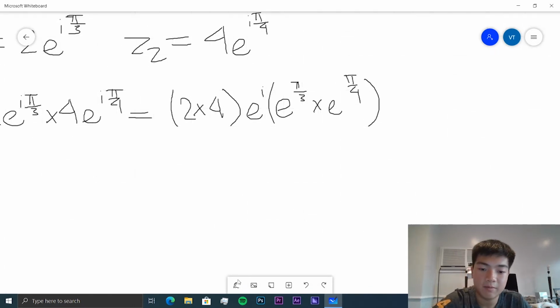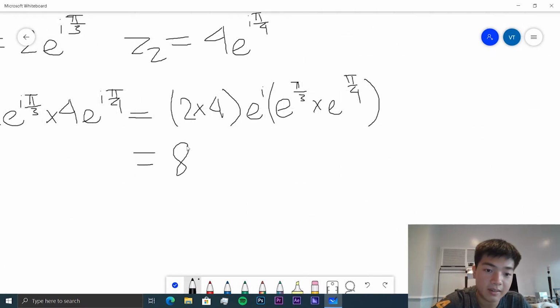So what we have resulting from this is 8 e to the i times e to the pi over 3 and pi over 4. And if you remember, when we're multiplying exponents with the same base, we simply add the two. So we need to add pi over 3 to pi over 4. So this is 4 pi over 12 plus 3 pi over 12. So 8 e to the i 7 pi over 12 is the correct answer.